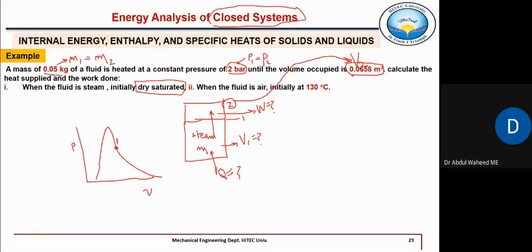We don't know the exact location, but it is known that it is somewhere on the dry saturated line. Now it is heated at constant pressure, so it will go in this direction because volume will expand, and pressure is constant, until its volume is this one. That volume is V2, which is given as 0.0658.